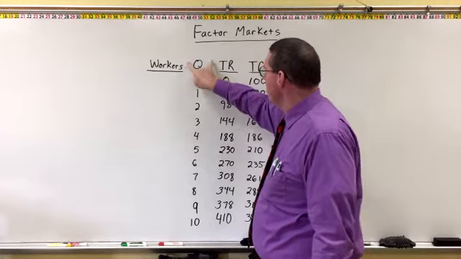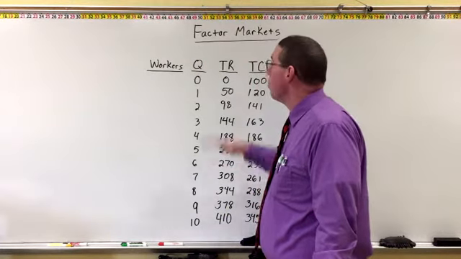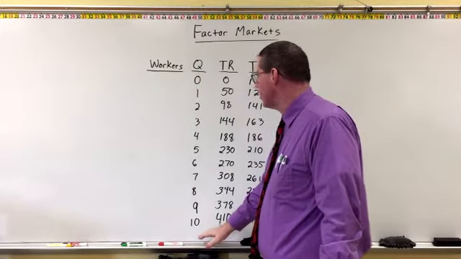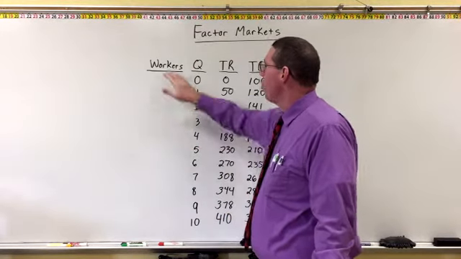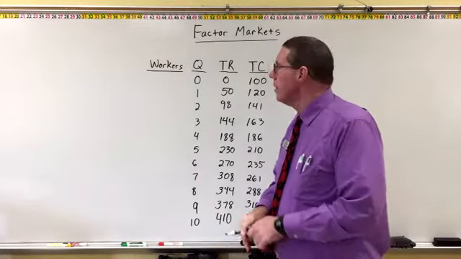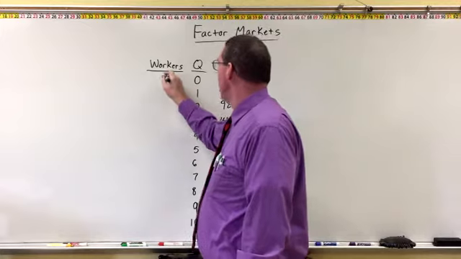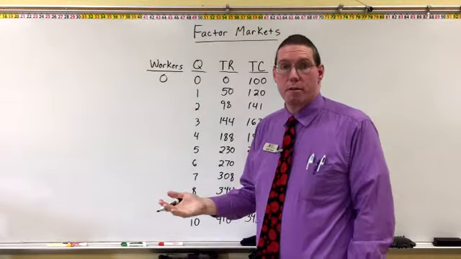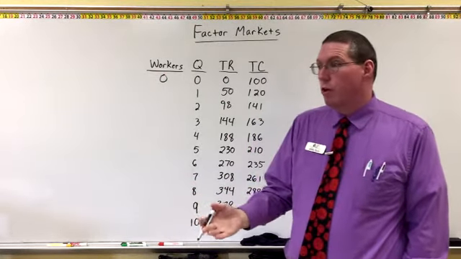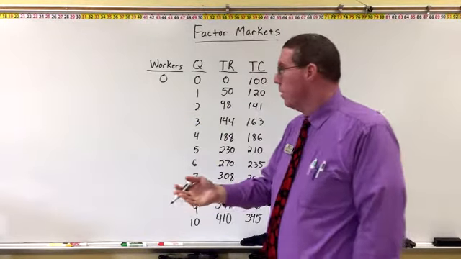If this company produces a certain quantity, or if they want to produce a certain quantity, how many workers will they need to produce that quantity? Let's say to produce a quantity of 0, they need 0 workers, which makes sense, right? If you're not going to produce anything, you don't need any workers to produce nothing.